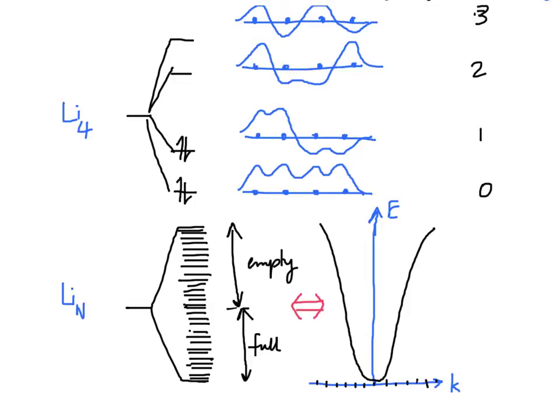And finally, a solid may be viewed as being composed of an enormous number of atoms, and the solution of the Schrodinger equation for such a solid would lead us to an enormous number of energy levels and an enormous number of wave functions, which can all be arranged and organized based on the nature of the wave functions, for example, the nodal structure of the wave functions.